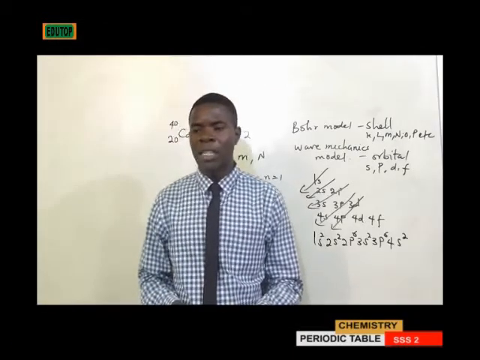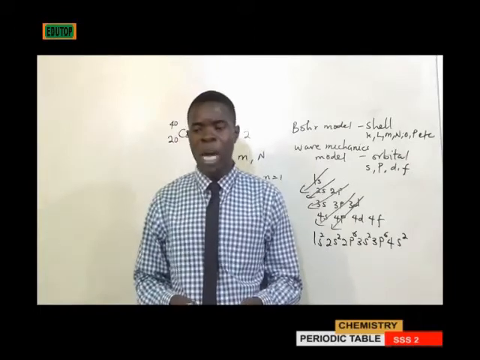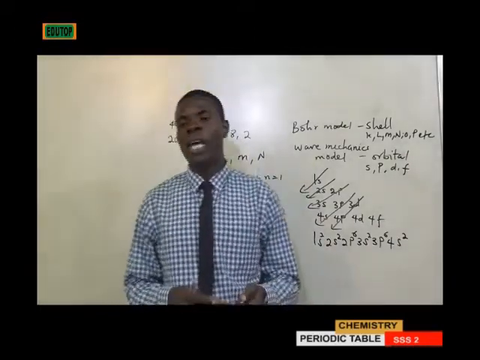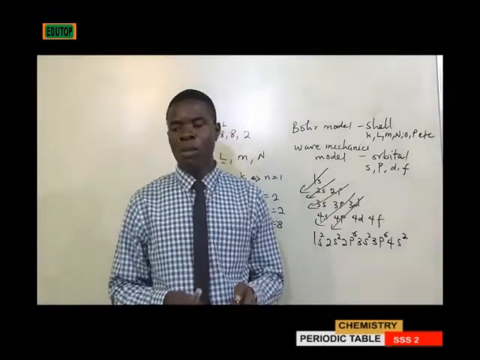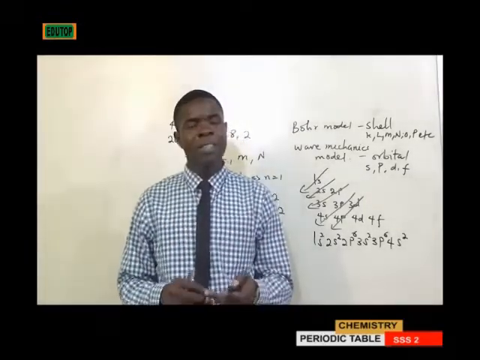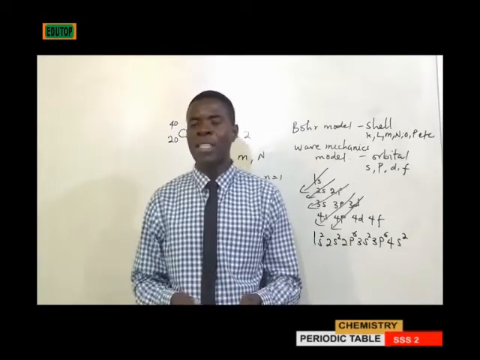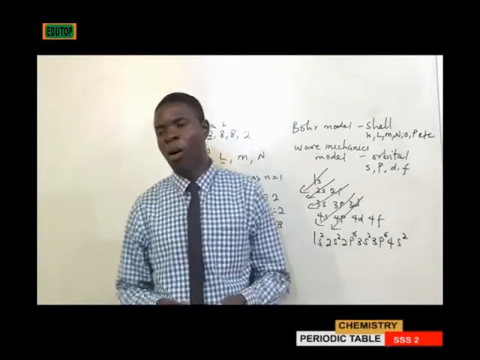Helium, on the other hand, is a noble gas because it attains the duplet configuration and is very stable. In that situation, it does not react. So that is why it is not a p block element.